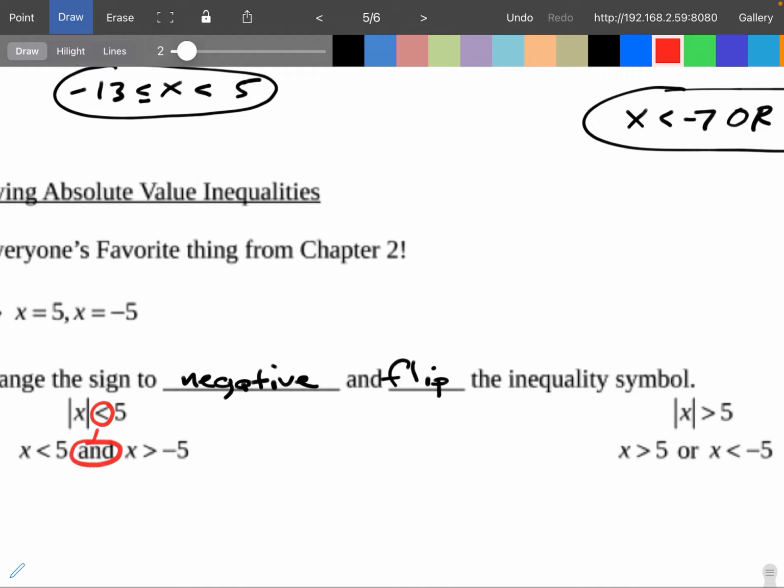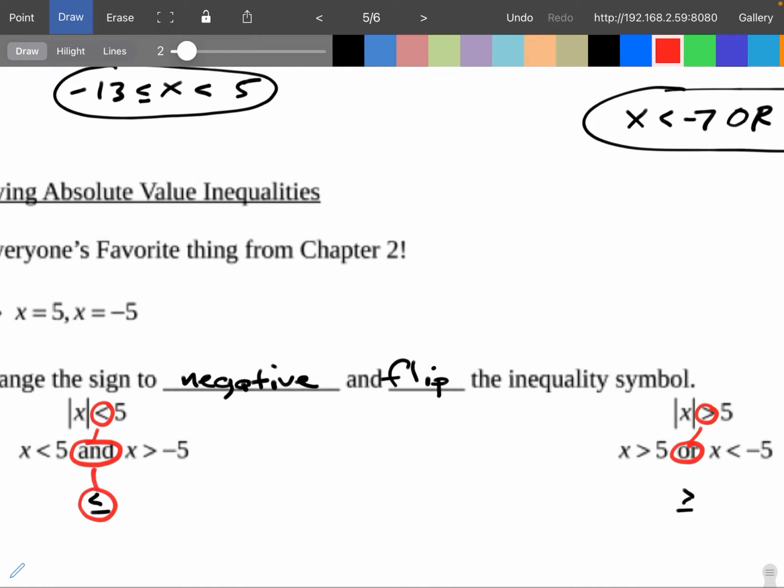Now there's something else I want you to notice here, and this will get important when we do the examples. Notice that when this is a less than, then the problem is an and. And when it's a greater than, the inequality is an or.